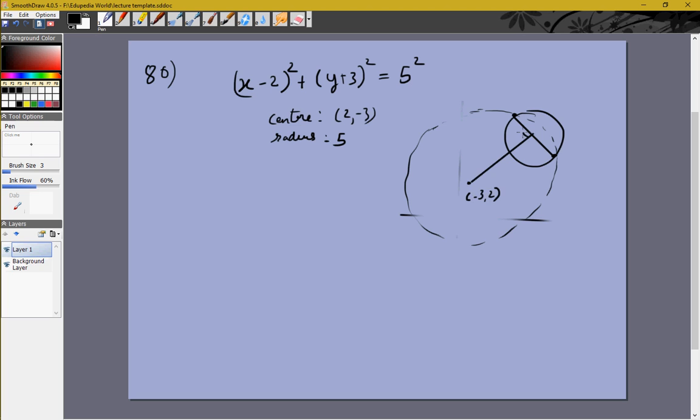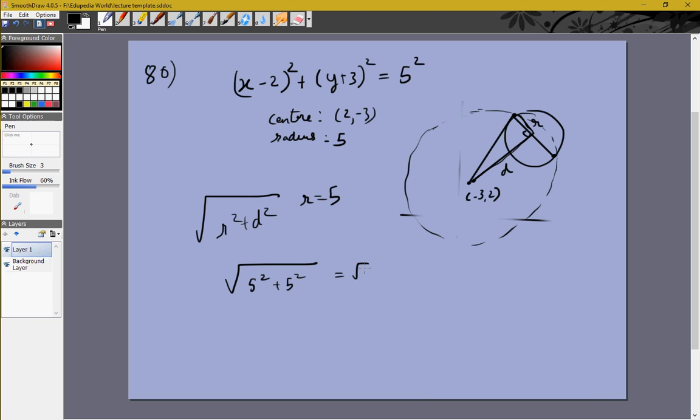So we can calculate this side, let's call it d, which is the distance between the two centers. And we know what this is. This is r, the radius of the first circle. And using Pythagoras theorem, we can calculate the radius of the second circle, which will come out to be root of r squared plus d squared. r we know is 5, and d we can calculate as root of 2 and -3 will give me 5 squared, and -3 and 2 will also give me 5 squared.